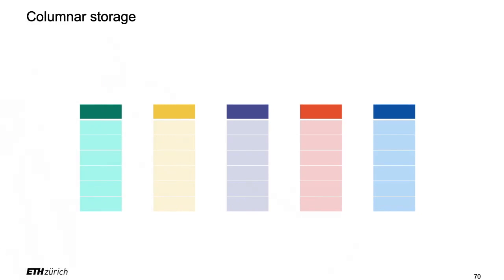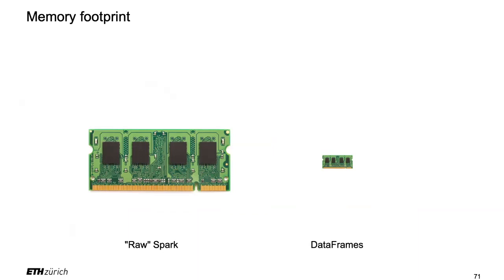If you use RDDs, you can't do that. You have to read everything, right? So this is another improvement. And finally, and this is the question you asked earlier, data frames take less memory, because since it's homogeneous, for example, imagine a column with only integers, or an RDD of objects that always have the same 3 keys, then you don't need to repeat the keys.